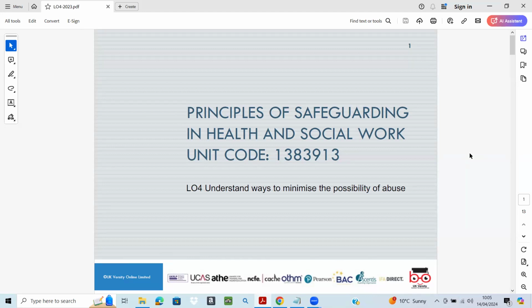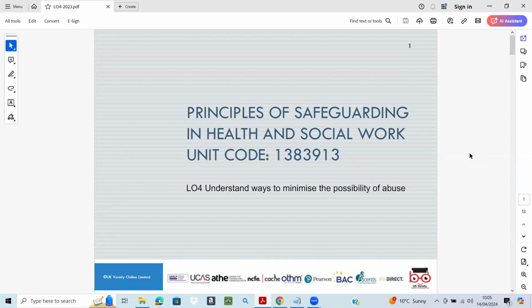Any organization should have them, because they provide a clear framework for action, ensuring consistency in handling cases of abuse and making sure everyone knows their roles and responsibilities. Basically, it is critical for effective safeguarding.